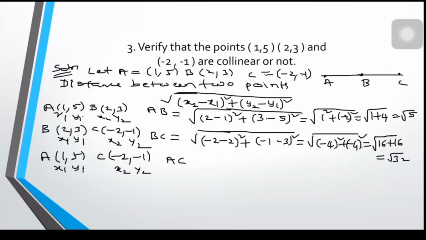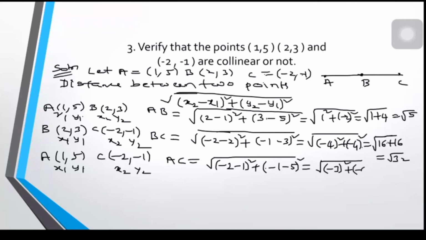AC is equal to root of x2 minus x1, minus 2 minus 1, whole square plus y2 minus y1, minus 1 minus 5, whole square, is equal to root of minus 3 whole square, which is 9, plus minus 6 whole square, which is 36. 36 plus 9 is root 45.